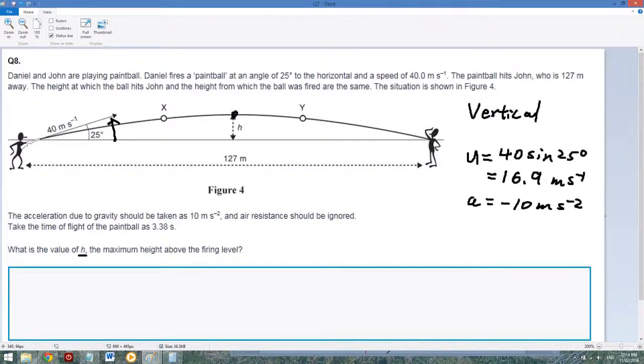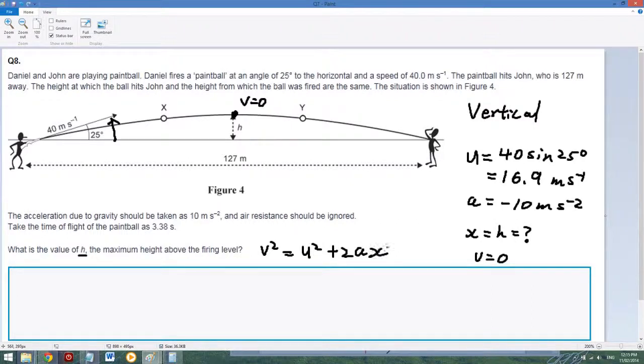Put it in your calculator. We have sine 25 times 40. That's 16.9 meters per second upwards.